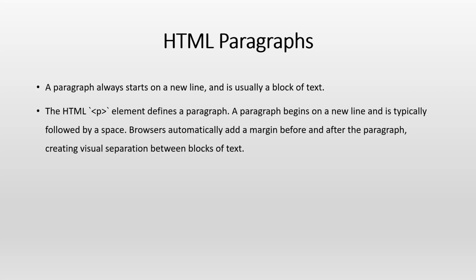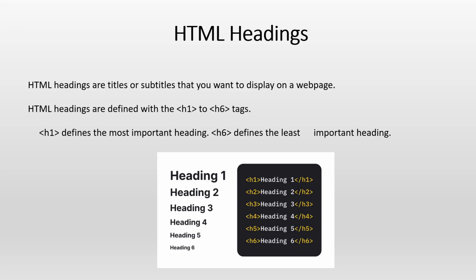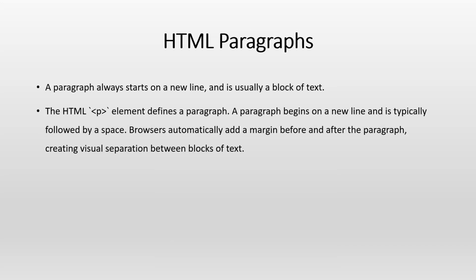Now we will take a look at HTML paragraphs. Whatever I am explaining now, these are all tags. Before this, we saw the heading tags from H1 to H6. Now we are working on paragraphs. What is a paragraph?